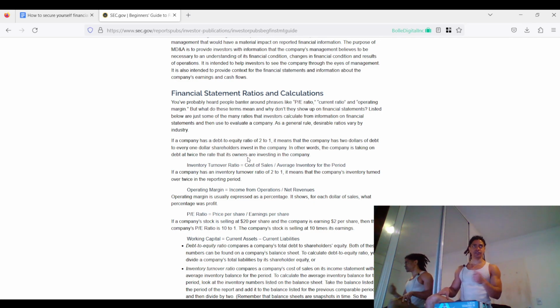In Spanish, this is deuda capital, which means how much this company is taking in terms of debt, regardless of the amount of money the owners are investing. How much money this company is burning, is getting burned by its debt.